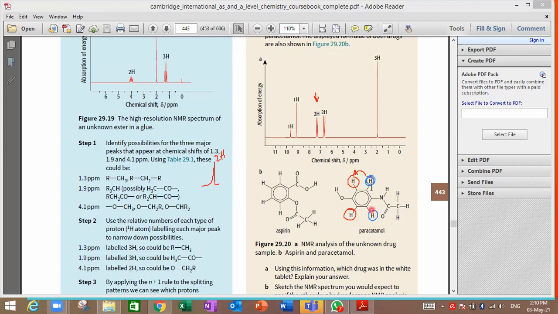So these two are similar. They are in the same environment. But they were doubled because every one of them is bonded to a carbon carrying only one H. Its neighbor carbon carries only one H, so it doubles its peak. They appear as doublets. Yeah, okay, I understand. Okay.